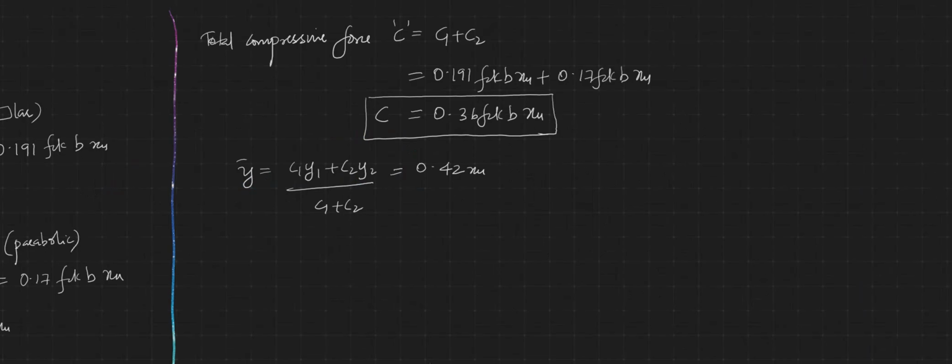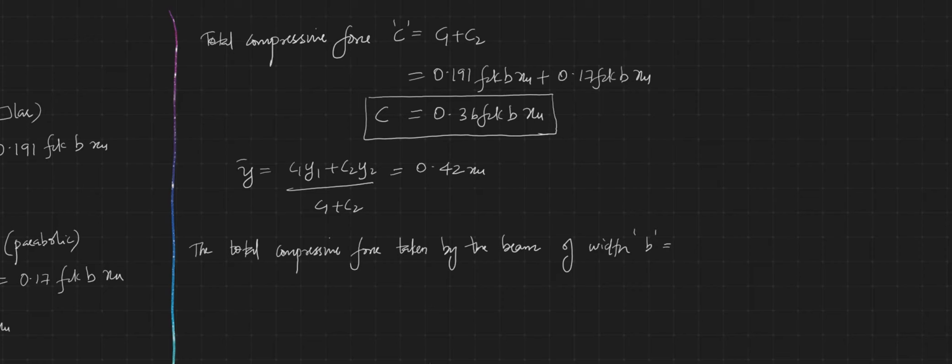Summarizing it, the total compressive force taken by the beam of width b is equal to 0.36 fck b Xu at 0.42 Xu from the top compression fiber.